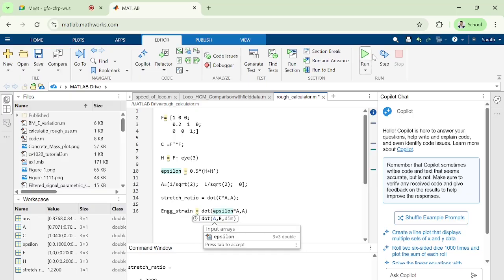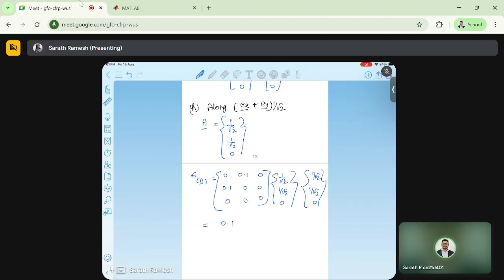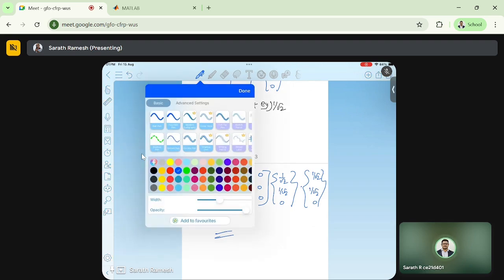So I am just writing directly. So this will give us 0.1. Okay. When you do multiplication, you will get 0.1. That's it. Fine. So yeah, this is over. Let's move on to the next subdivision.